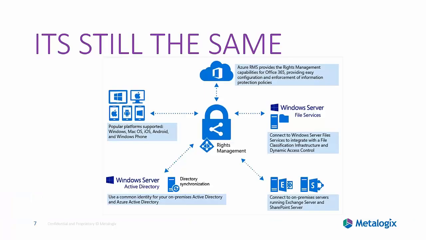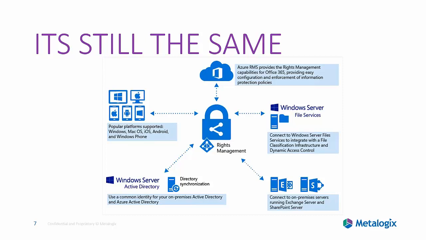So it's still the same. For those that are new to rights management services, or rights management server, or Azure rights management, or Windows rights management, or information rights management from Microsoft, what it does is it locks down content in your organization.